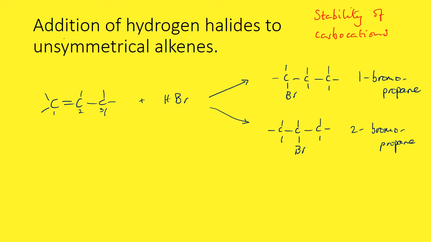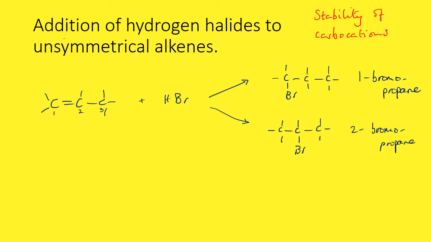And the carbocation that was created as the intermediary in each case is going to be different. Carbocations are generally classified as primary, secondary, or tertiary.